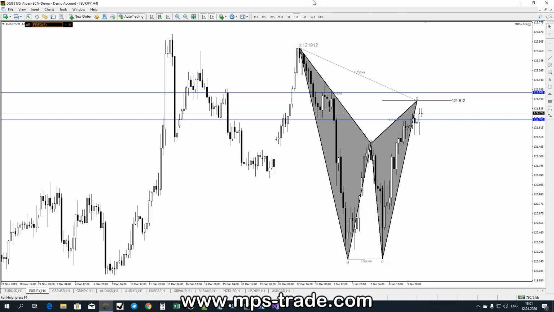It is very simple to identify. You can also identify that mechanically, and if you type some comments below, I will also show you how you can identify that mechanically, coding your own indicator to draw them automatically.